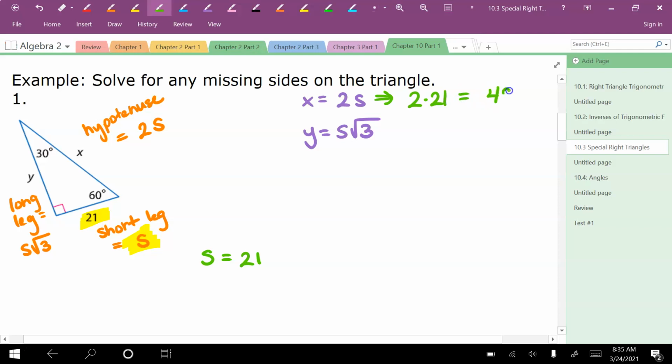So that would be 42. So there's your X. And then for Y, I'm just going to put 21 in the place of S. So 21, and then you have square root of 3 attached to it. And I'm not going to do anything further here. I'm just going to leave it like that.